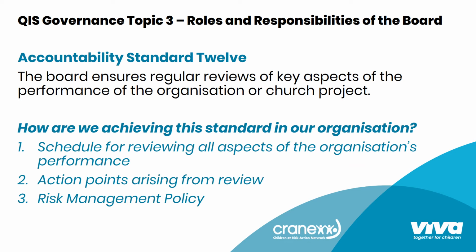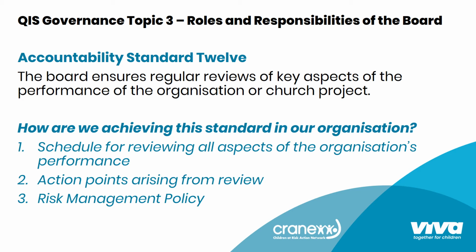Standard 12, the board ensures regular reviews of key aspects of the performance of the organisation or church project. That would normally come in the regular board meetings where the director would be reporting on what has happened. But there's some suggestions here that there's a deliberate schedule for reviewing different aspects of the organisation's performance.